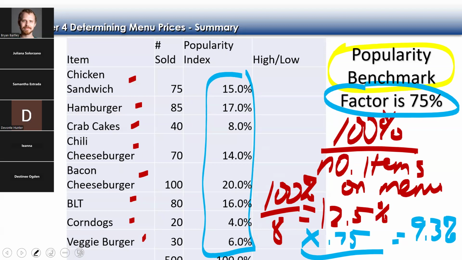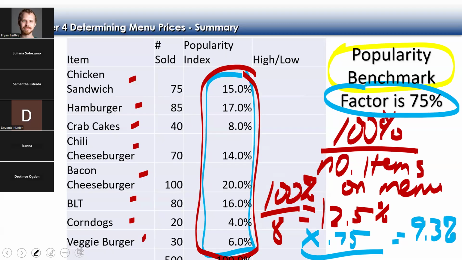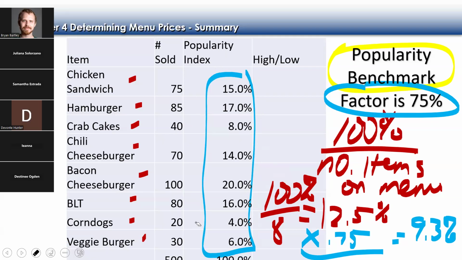Now, we're not going to convert that into a decimal. We're just going to say 12.5 is that number. That's what we could potentially use to compare. But when we use that factor of 75, that's where we move the decimal place, because we're multiplying by that decimal. So think about the 12.5 as just a number, and when we multiply by the decimal or the percentage, that's where we add the decimal in there. Does that make sense? Yes. Thank you. You're welcome.